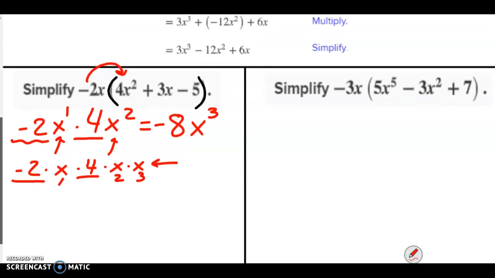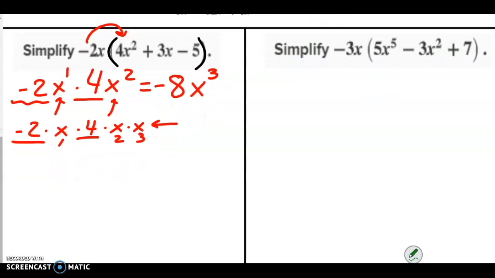We're going to focus now on the actual distributive portion of this and what's happening today. So then that negative 2x times 3x: negative 2 times 3 is negative 6, x times another x is x squared. We might be thinking, well, yesterday we just added the x's together. They didn't combine with their exponents.